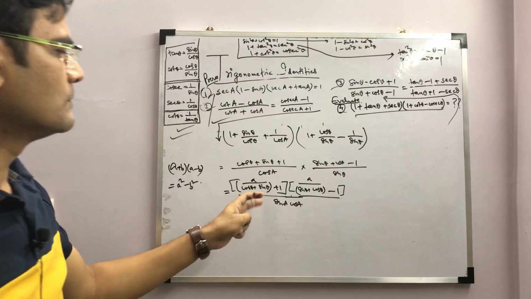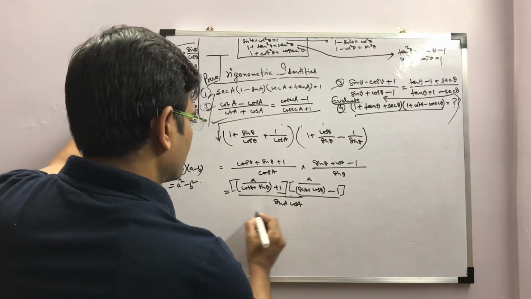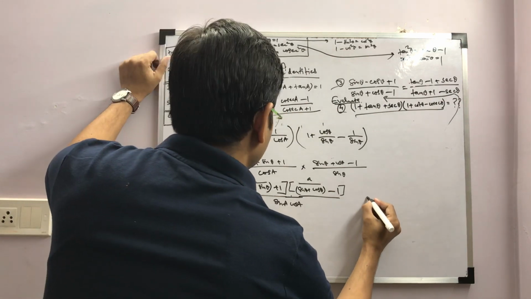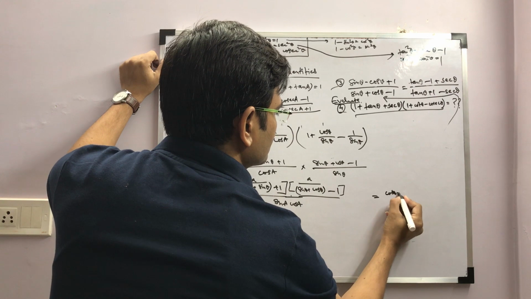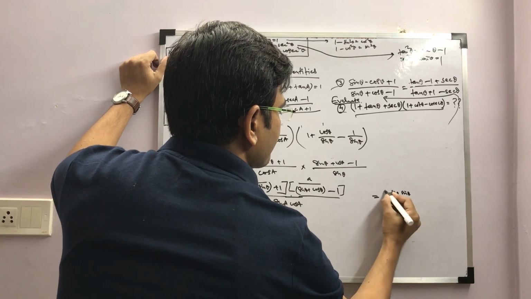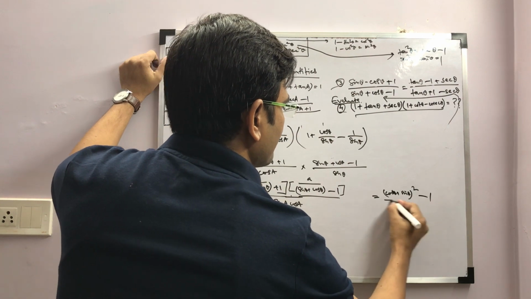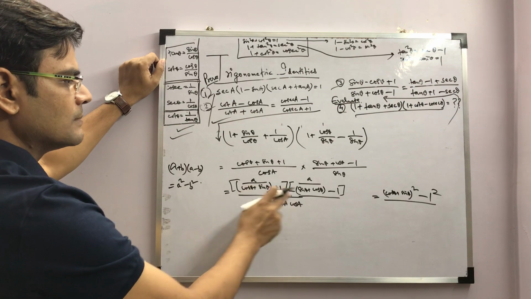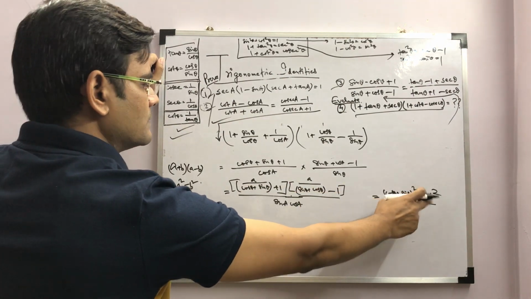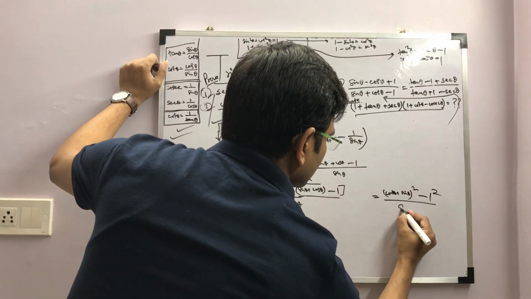A plus b into a minus b is a square minus b square. So it says cos theta plus sine theta whole square minus 1 square, that is 1, a square minus b square, right? A was sine theta plus cos theta, a plus b, a minus b is a square minus b square, over sine theta cos theta.